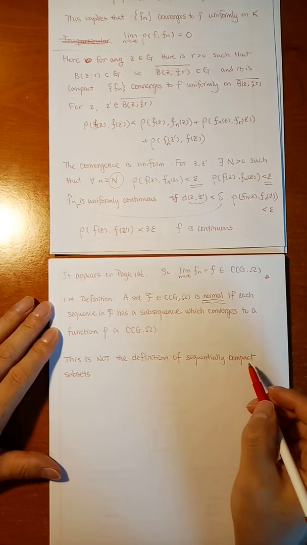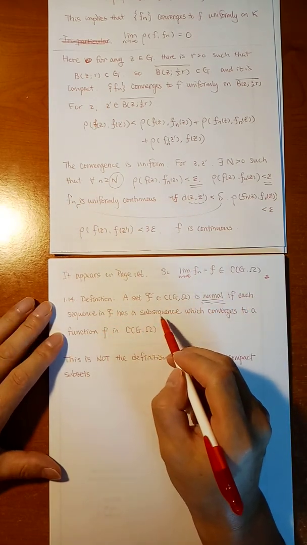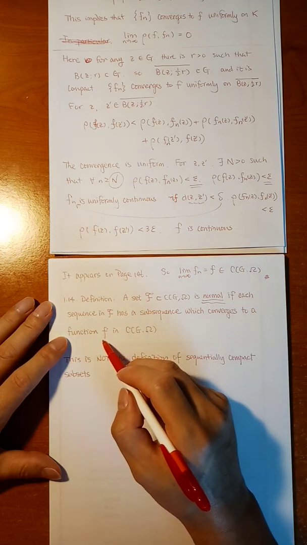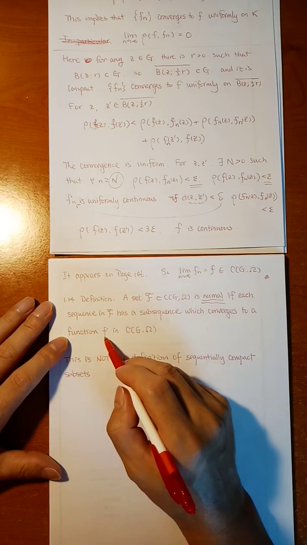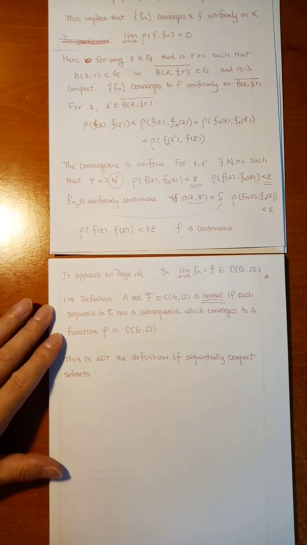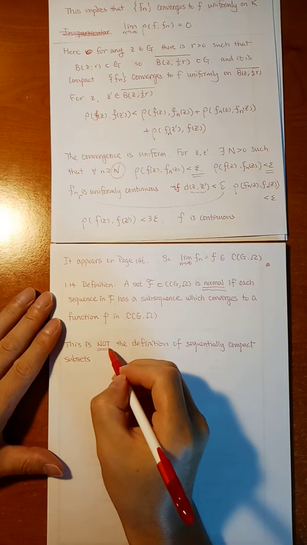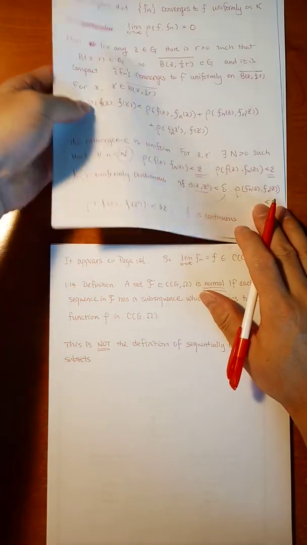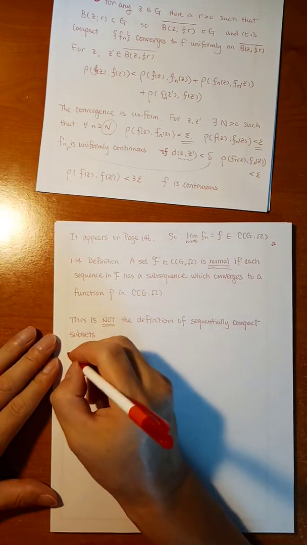Because a sequentially compact subset requires that every sequence has a subsequence converging to a limit inside itself. But here we don't require f to be in the family F, we only require f to be in the superset Cg omega. Okay, be careful. This normal family is not sequentially compact. Well, it's not it, but it's very close to it.